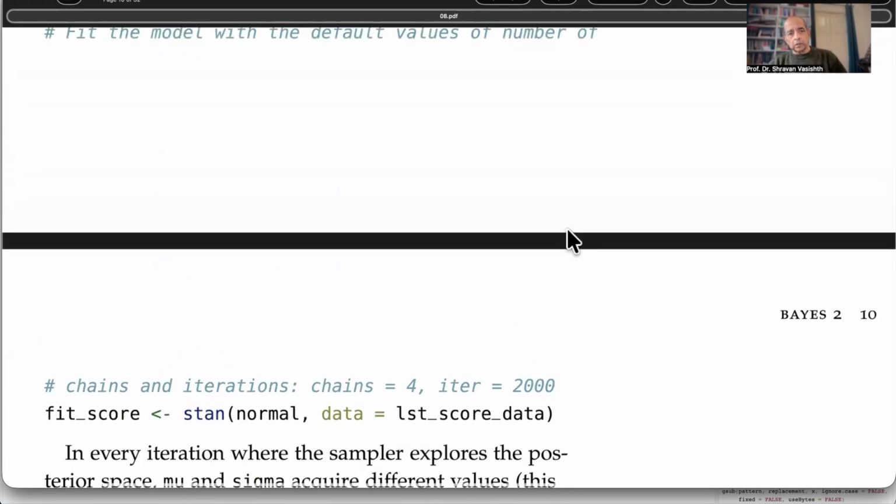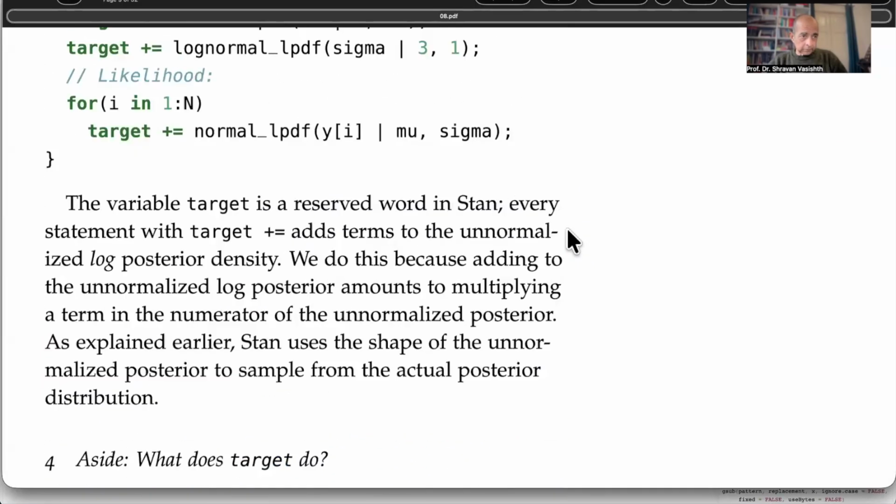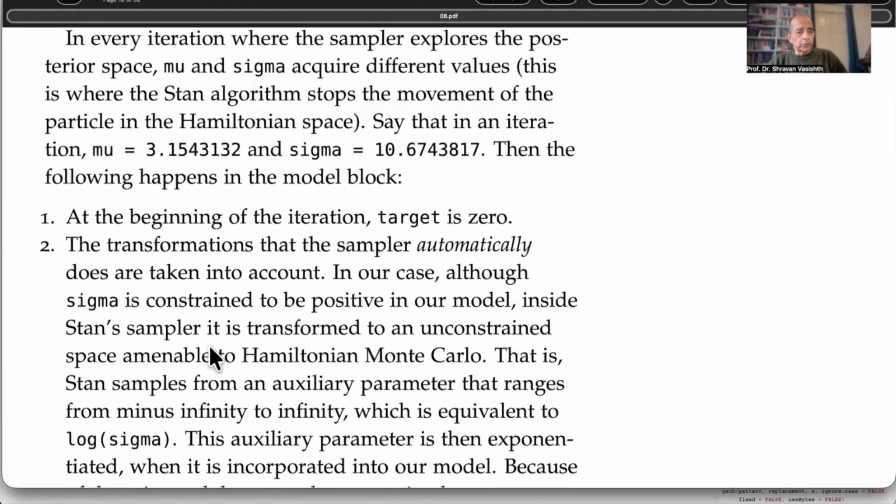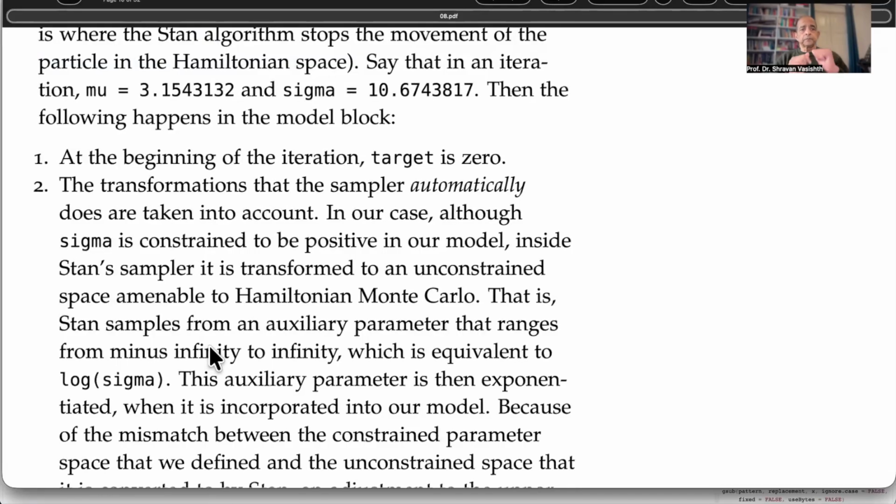In the model block, in this model block, what's going to happen? So I'm going to explain now what the functionality of this target thing is, okay? So what will happen in the model block is that at the very beginning, before anything has started, before the sampling has started, target will have value 0.